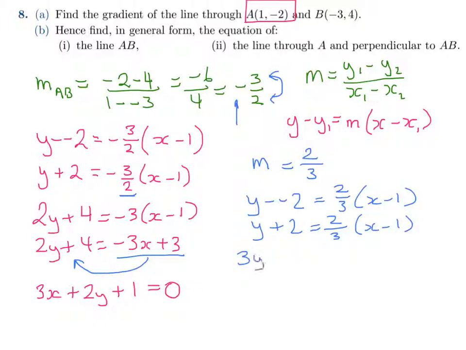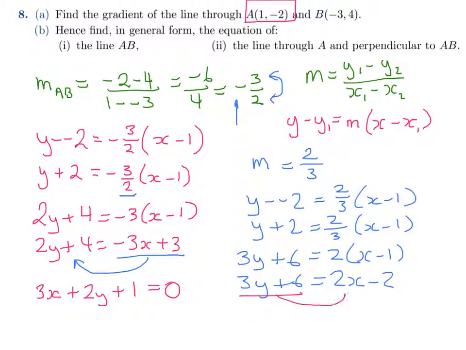So we get 3y plus 6 equals 2 brackets x minus 1. We expand, so we get 2x minus 2, and because x is positive, we'll move everything over to that side, and our final equation is 2x minus 3y minus 8 is equal to 0. And we're done.